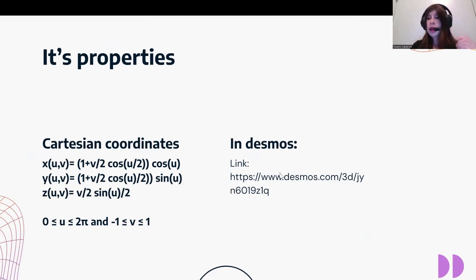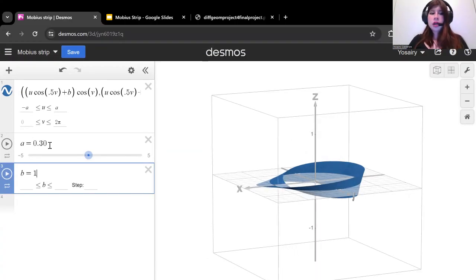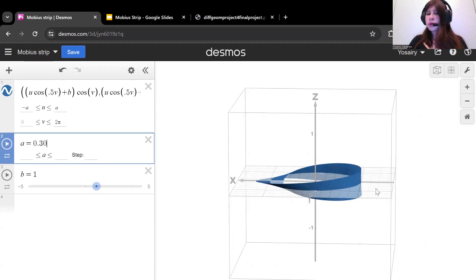And I have made a link in Desmos where you can see its properties. I have provided it here and how it looks. If I change A, you can tell that the strip is longer from its surface.